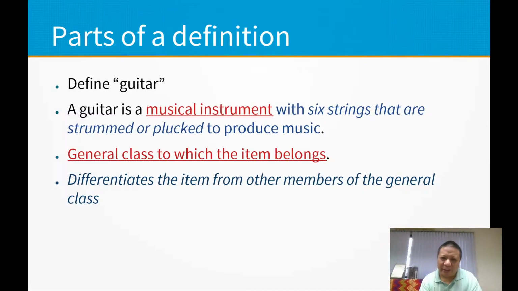They have the same genus. So how do you differentiate a guitar from other instruments? Well, you use what is called the differentia. The differentia here is italicized: 6 strings that are strummed or plucked to produce music.